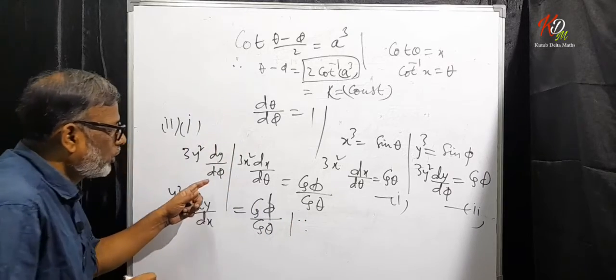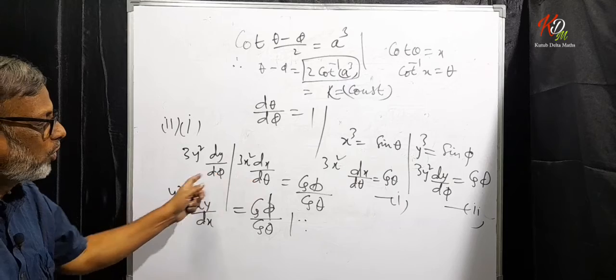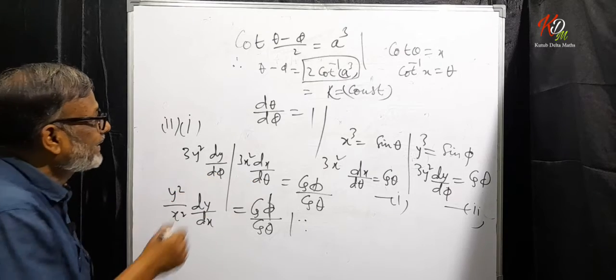Notice one thing: d phi by d theta equal to 1.